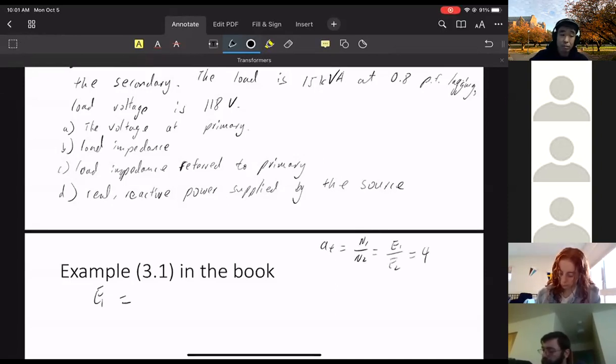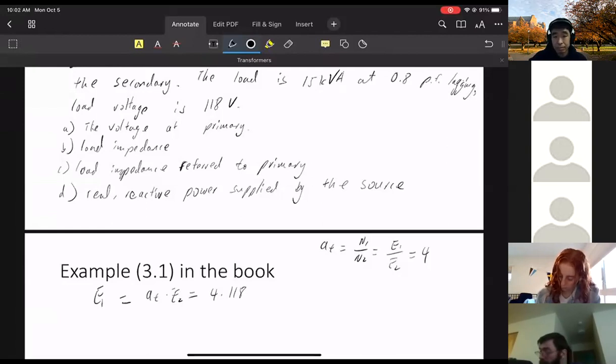A transformer being rated 480, 120 doesn't mean it has to operate at 480, 120. That's just a way of saying what the turns ratio is. So E1 is the turns ratio times E2, 4 times 118. What angle should we put on this? There's a phase, because we're talking about real and reactive power. To be correct, we need to write a phase.